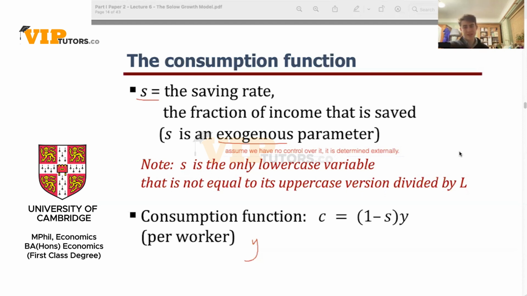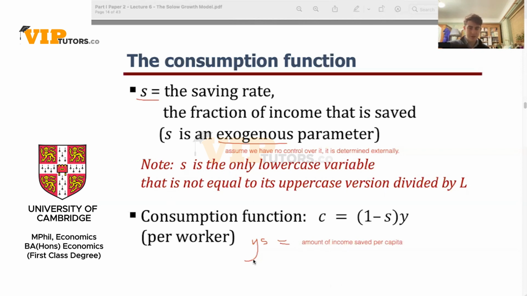So that is our consumption. So that is the savings rate, which then comes into here. So this is the amount of income saved. So sy is essentially, in words, the amount of income saved per capita, right?